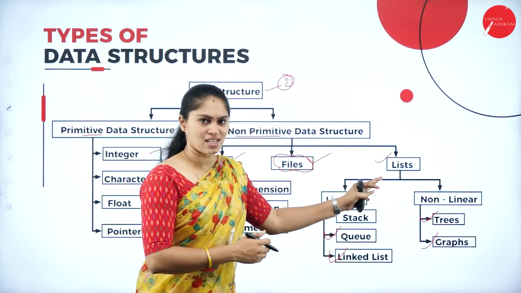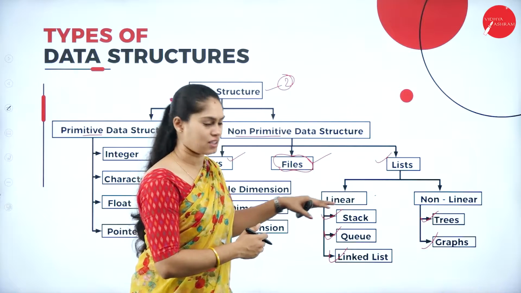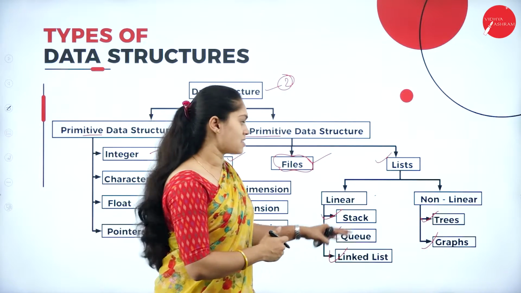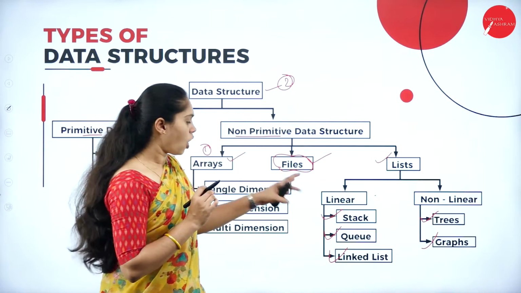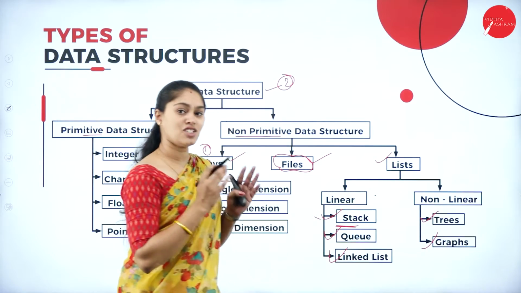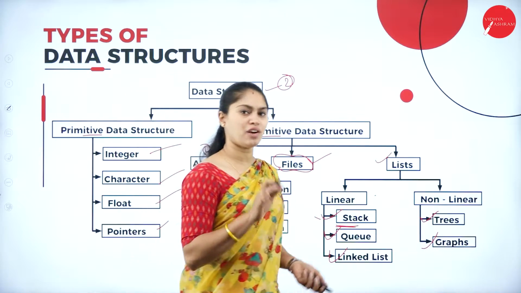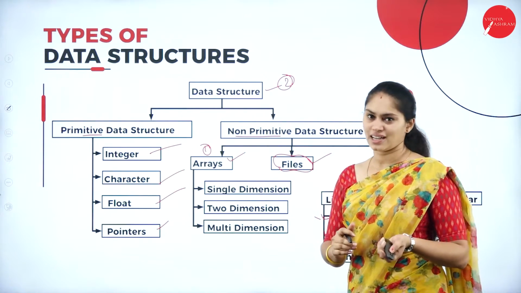Then the list is again of two types, linear and non-linear. In the linear, we have stack, queue as well as linked list. And in the non-linear, we have trees and graphs. All these data structures will be studied as a particular chapter in your syllabus. As of now, you just understand the classification or types of data structure.